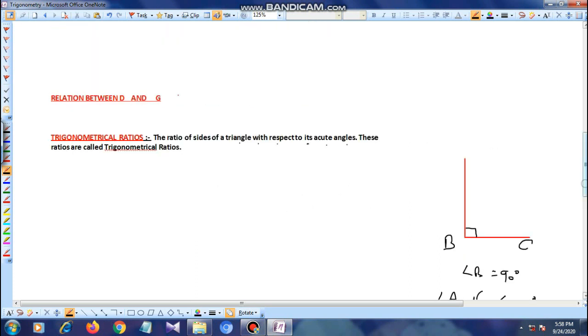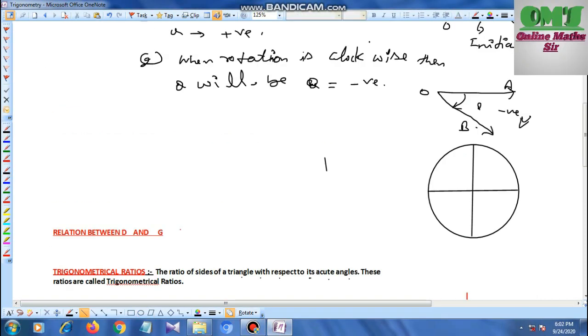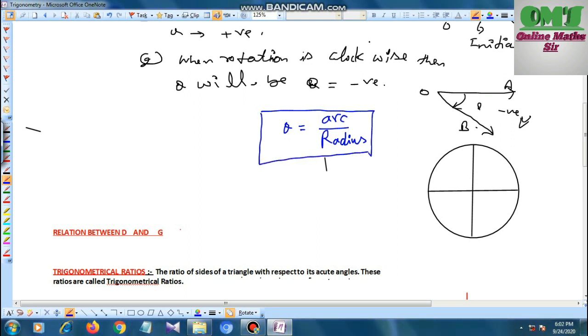Now angle is also defined another way. Another definition of angle is theta equal to arc upon radius.